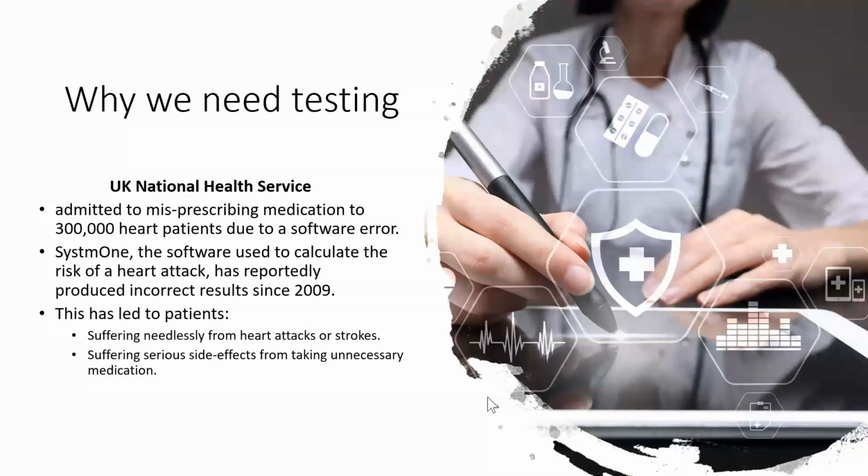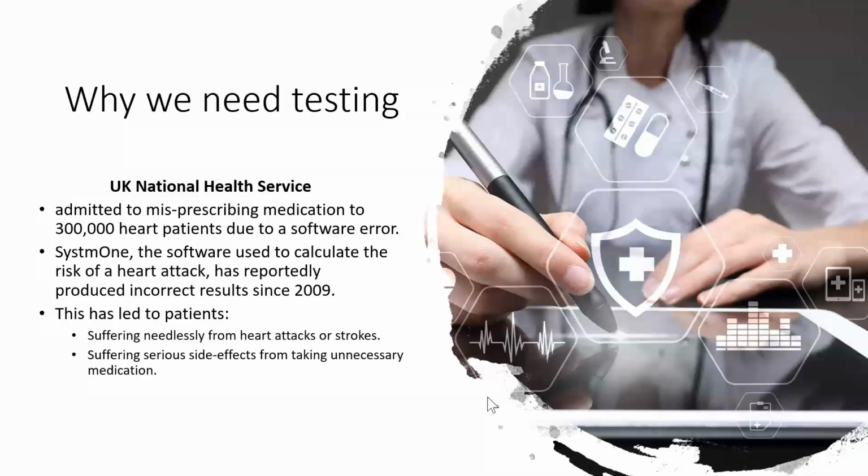In the UK National Health Service, the UK National Health Service admitted to misprescribing medication to over 300,000 heart patients, and this was all due to a software issue. So System 1, the software which was used to calculate the risk of a heart attack, has reportedly produced incorrect results since 2009. So imagine this.